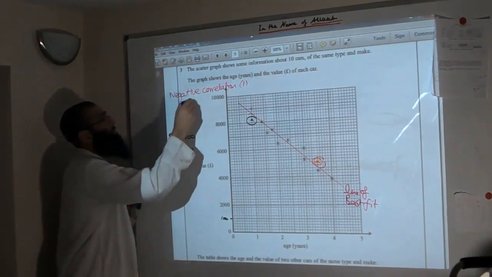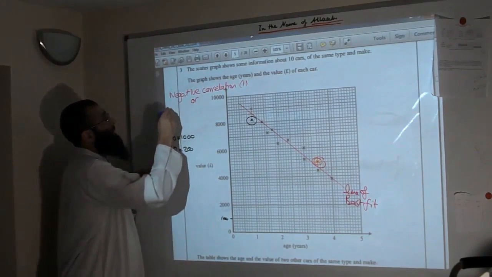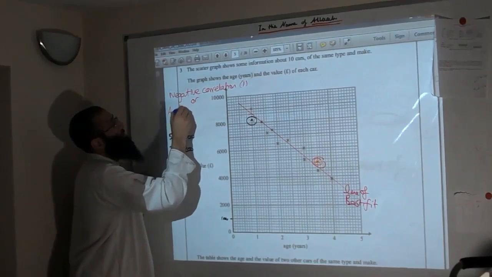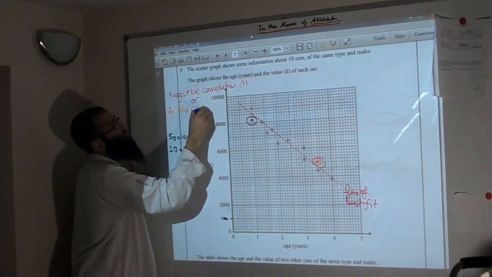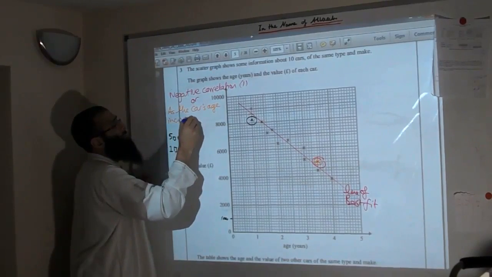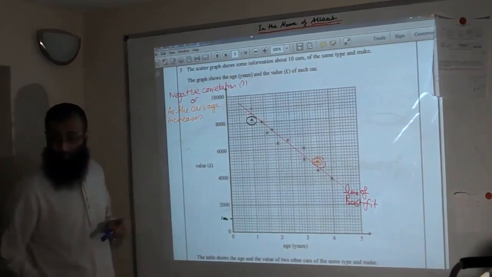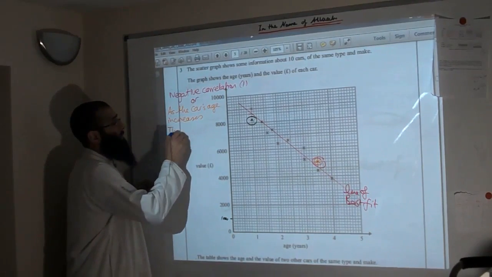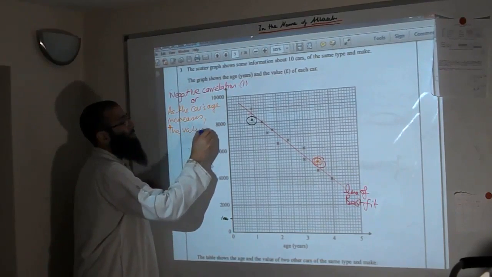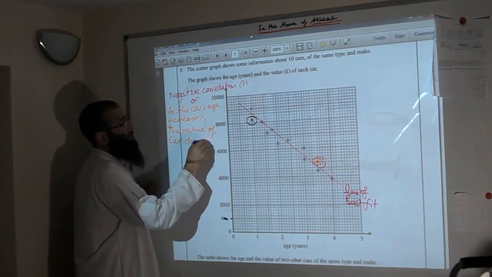Or you can write down: as the age of the car increases, the value of the car decreases.